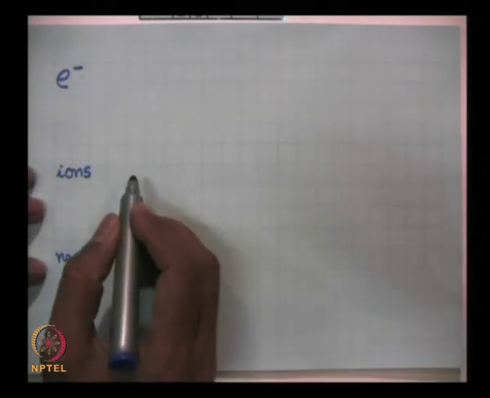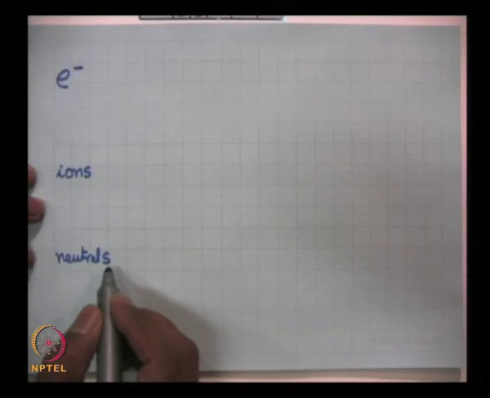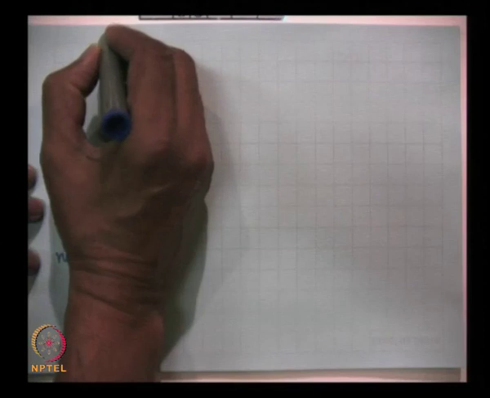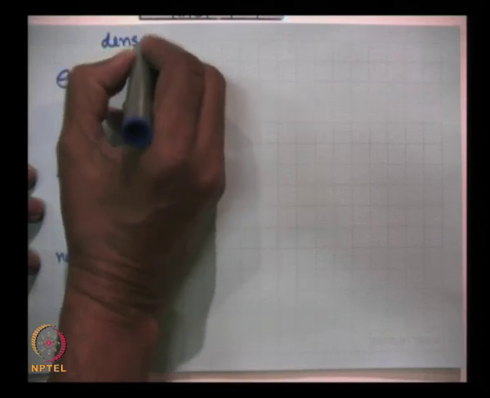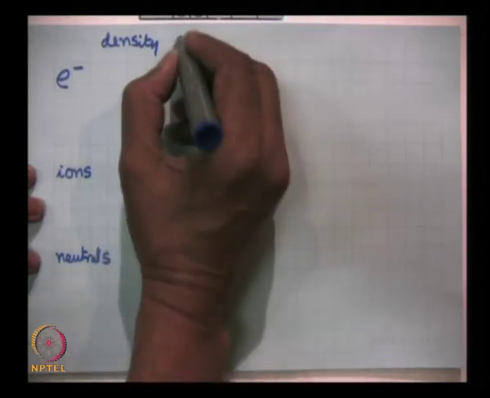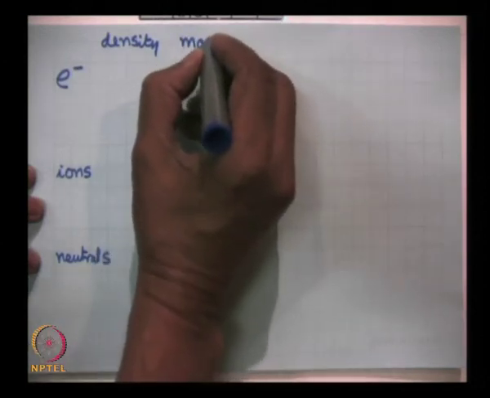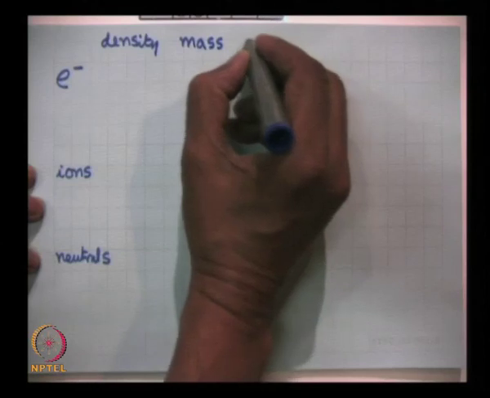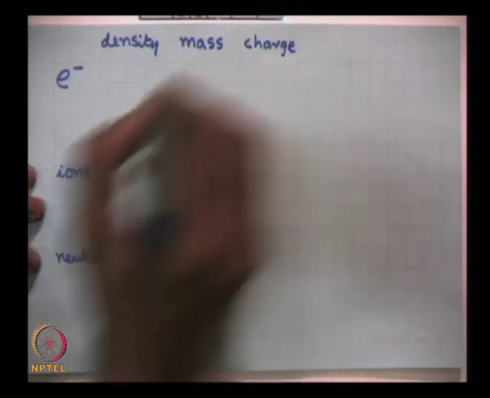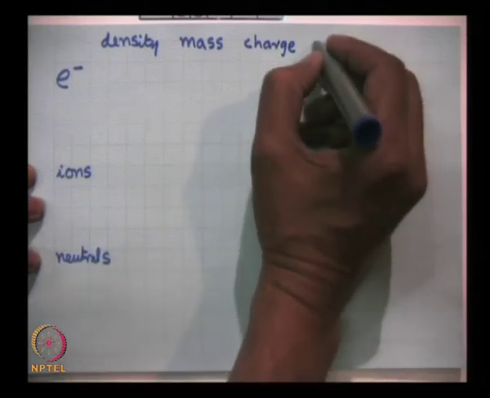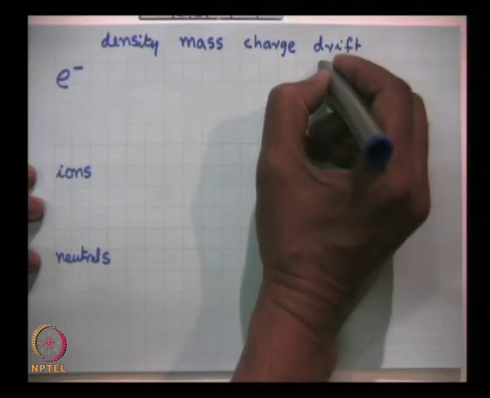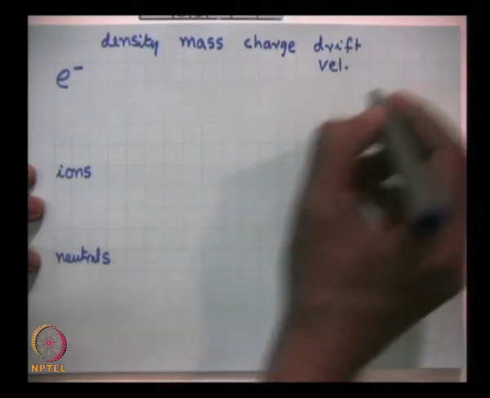Now, these species are characterized by some macroscopic quantities like density, then mass of a carrier or particle, then charge of the particle, then we talk about the drift velocity, and the temperature.